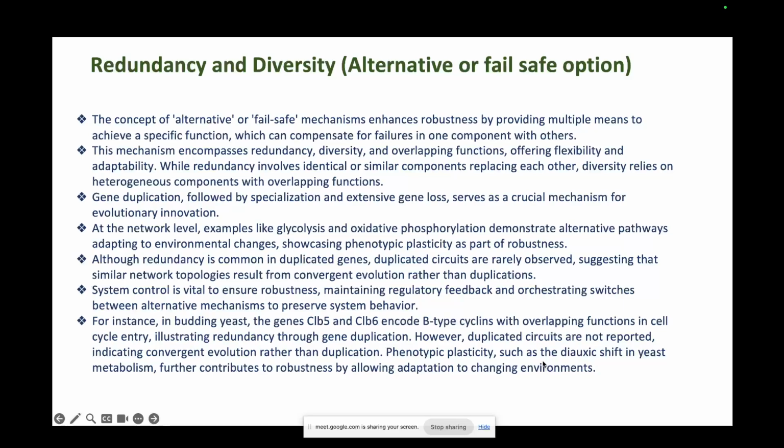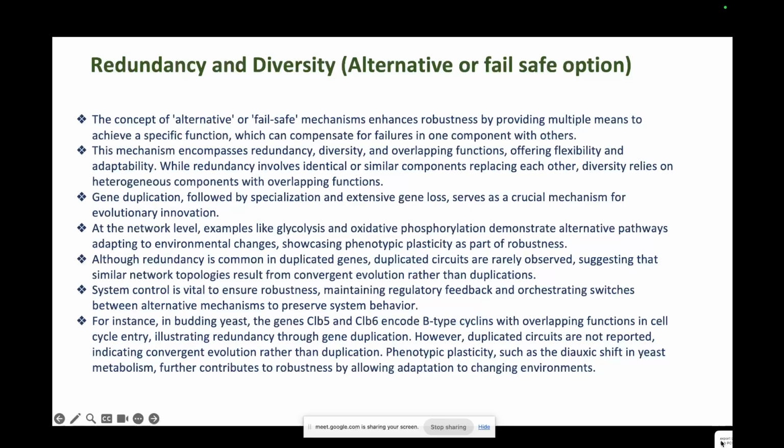Phenotypic plasticity, such as the diauxic shift in yeast metabolism. So basically, the diauxic shift is a shift in the primary carbon source, I think from lactose to glucose, if I'm not wrong, but there's a shift in the carbon source of the yeast. So I'm not sure from what to what, but there's a shift.